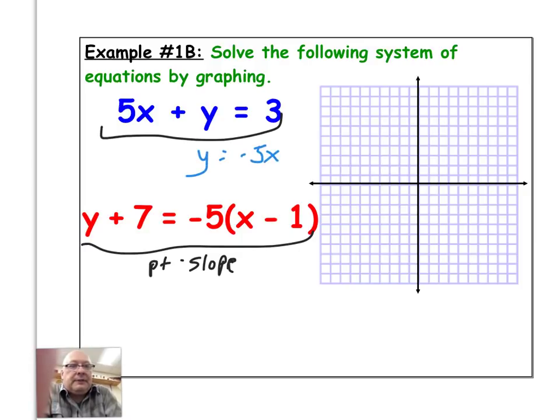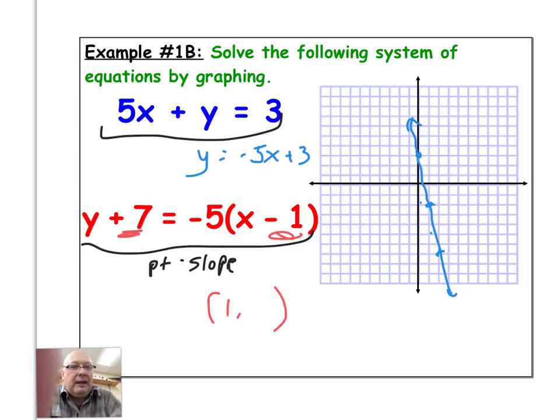This first one, y equals negative 5x plus 3, has a y-intercept of 3 and a slope of down 5, 1, 2, 3, 4, 5 over 1. I'm going to do a couple, down 1, 2, 3, 4, 5 over 1. Looks like that. Doing my best to draw a straight line on this iPad. And then the red one, the point is right here, but remember, because they're in parentheses, you have to flip the sign.